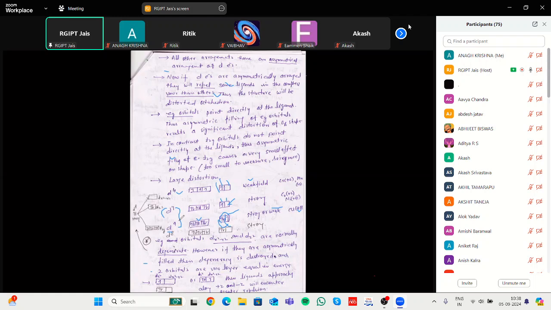That can significantly distort the shape of the orbitals, and this shape can change from octahedral to distorted octahedral or another shape, and this degeneracy lifting can occur due to the unsymmetrical filling of electrons.